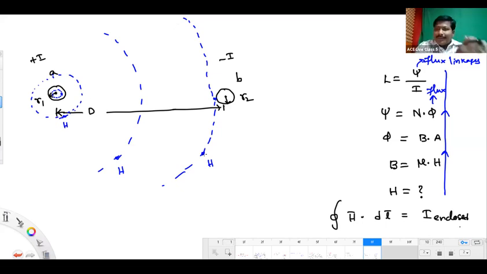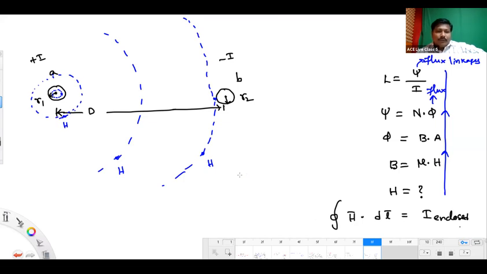After taking conductor A current, I'll calculate H value, B value, phi, psi. That psi is the flux linkages produced by conductor A current as a whole inside the big circle we have chosen. I think all of you are getting this point. Is it okay for you?